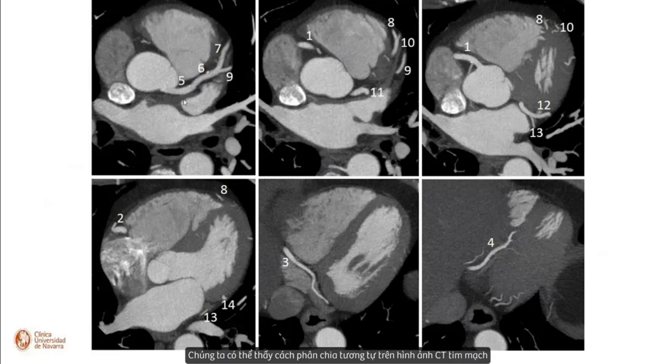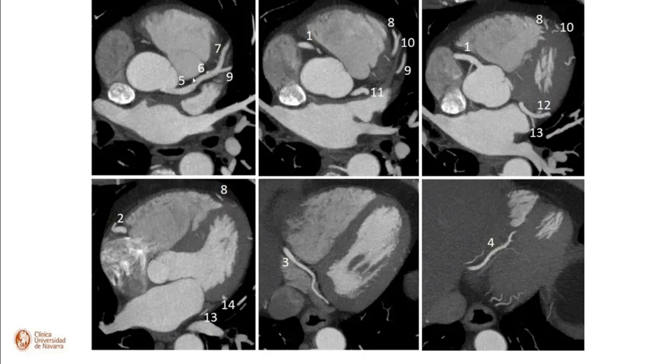This is the same shown on cardiac CT images. Here we see the left main, LAD, circumflex. Then here we see the RCA.